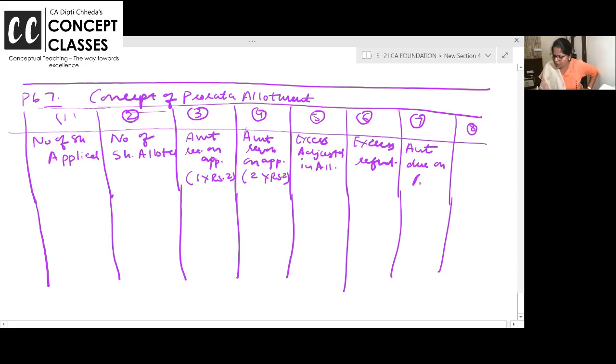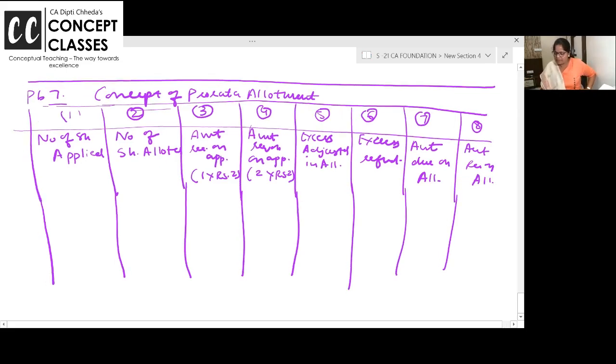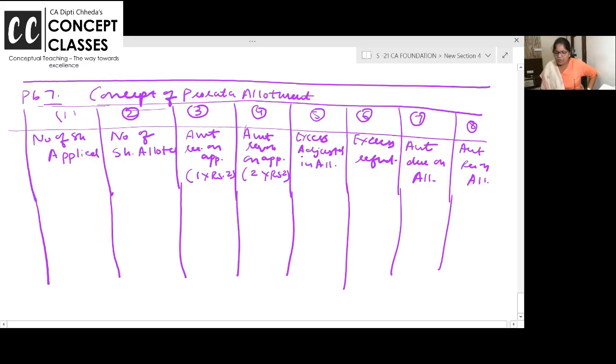Amount due on allotment. Amount received on allotment is obviously going to be less because you have adjusted. Amount due is the 7th column and received will be 7 minus 5. You can write this and keep it.